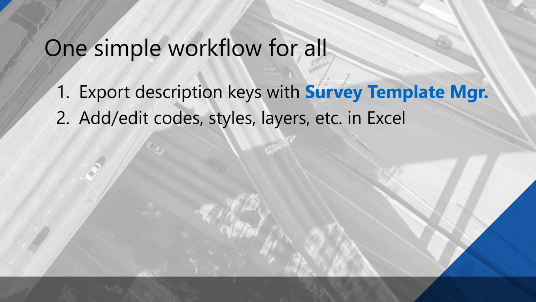Then you work in Excel, adding codes, styles, and layers. We're going to actually spend some time doing that today, because I want to show what that looks like in Excel so you can understand why we are moving to Excel to manage these standards in this way. There's a lot more flexibility and speed in Excel that we simply don't have in Civil 3D.